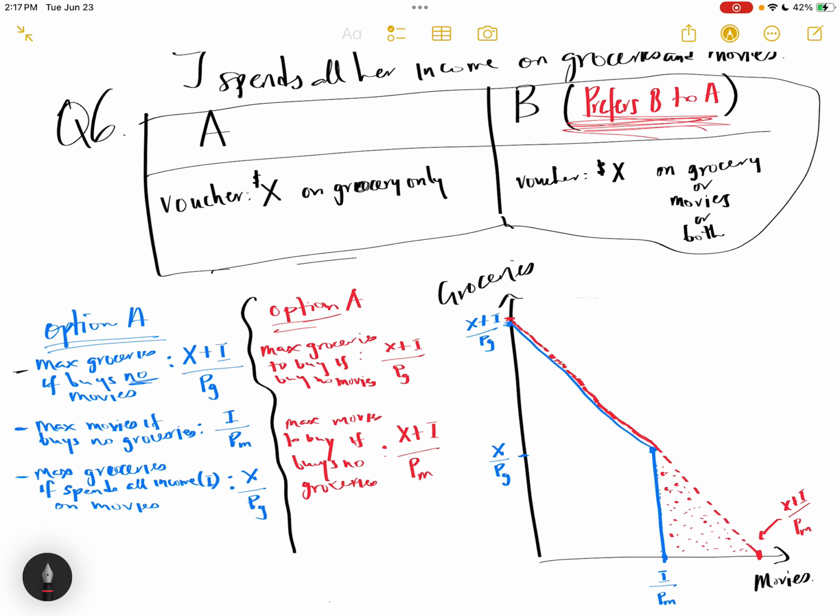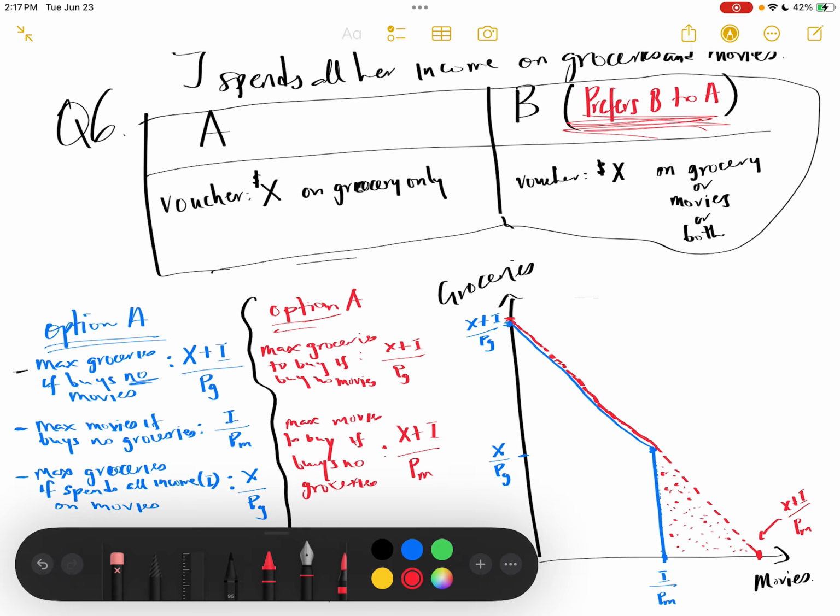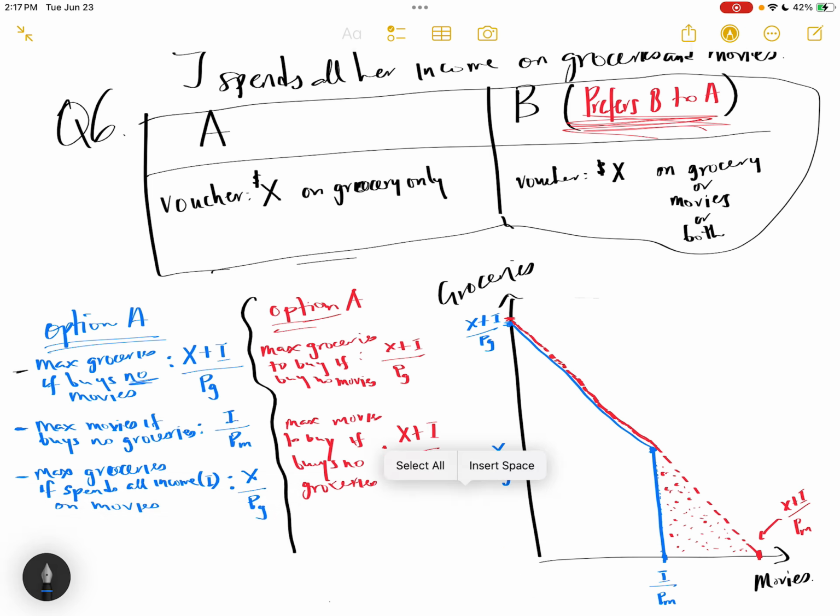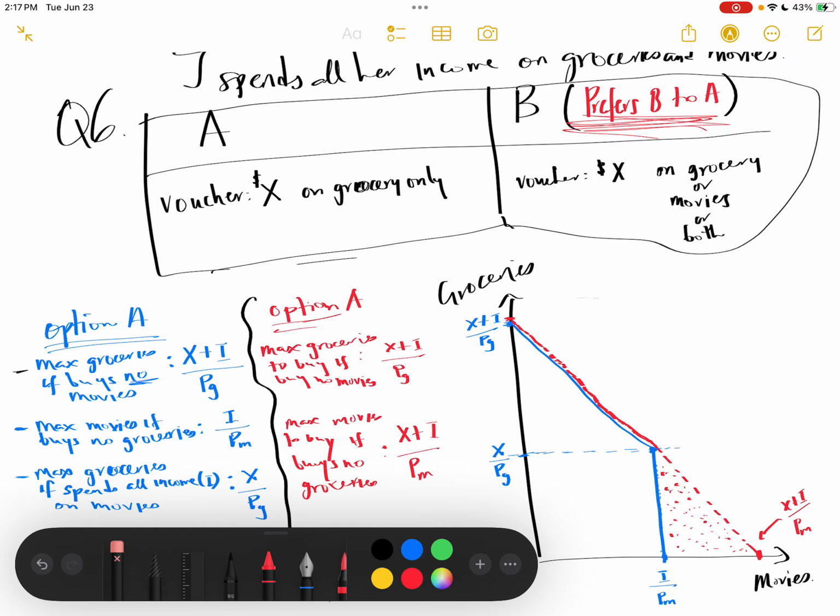So the conclusion here is that, oh, hold on a minute. Oops. Right, this is the point of the voucher.